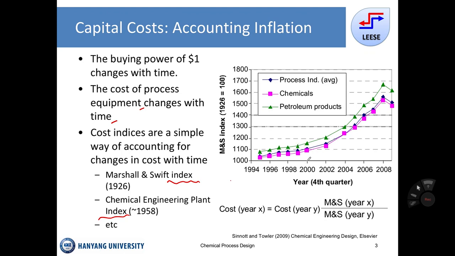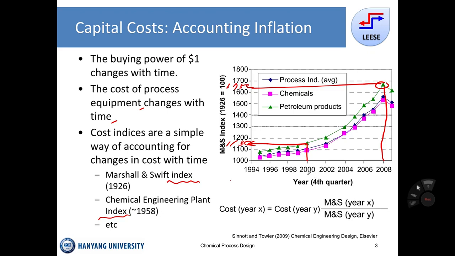For example, in 2000, for the green one, related to refinery and petroleum products processes, we have roughly 1,150. Then in 2008, for the green one, we have say 1,750. So based on the two, we can quantify the difference in the cost of the capital costing method.